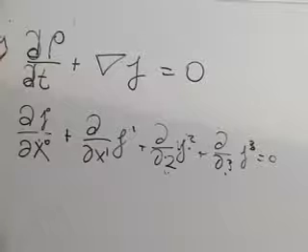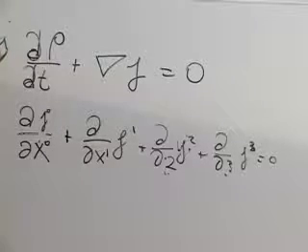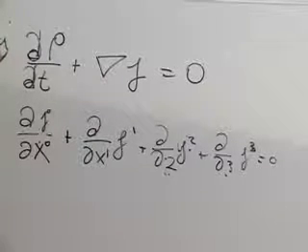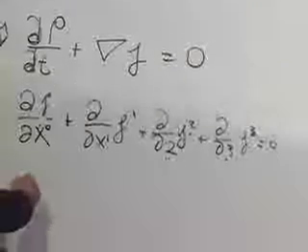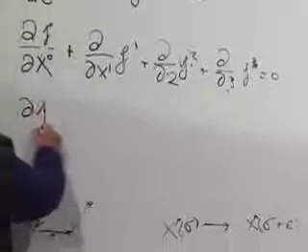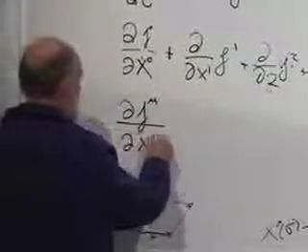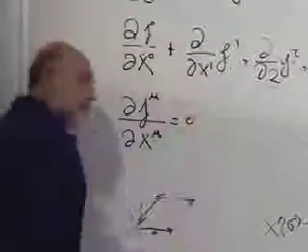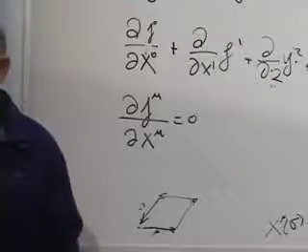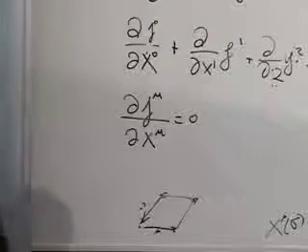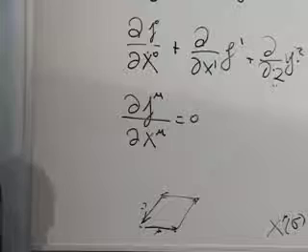In other words, the continuity equation just becomes the very simple, nice-looking equation that the derivative of j mu with respect to x mu is equal to 0, summed over mu.